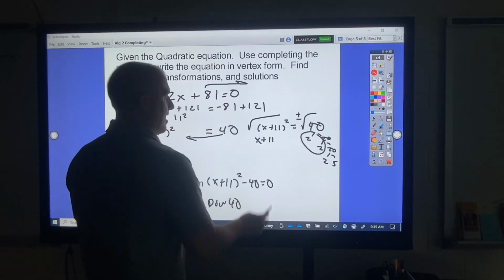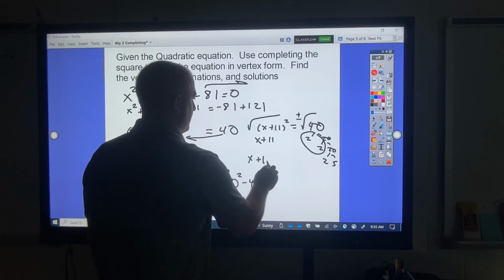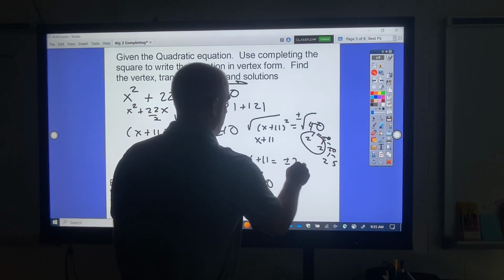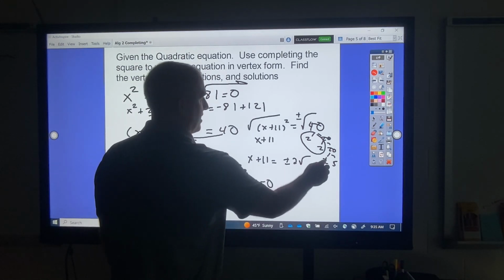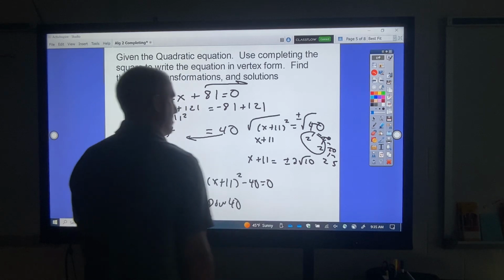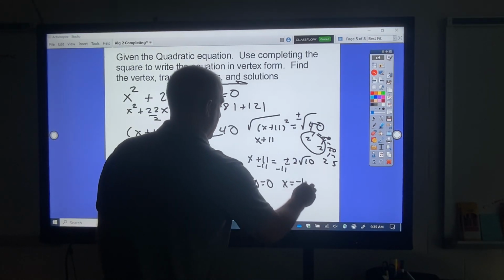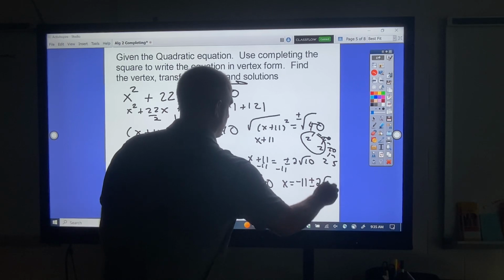That's my pair. So I get x plus 11 equals plus and minus 2 square root of what's left over on the inside, 2 and 5, which would be 10. So what I would do is subtract 11. My solutions are negative 11 plus or minus 2 square root of 10.